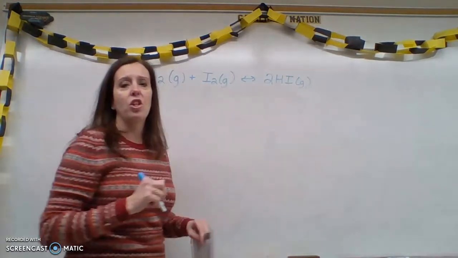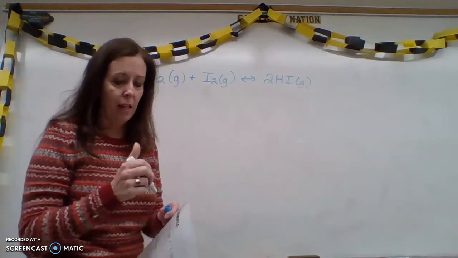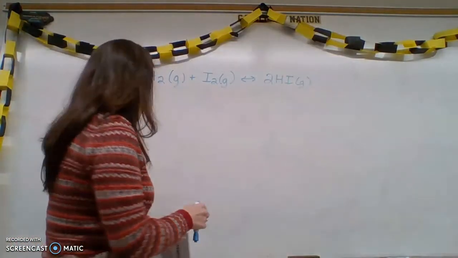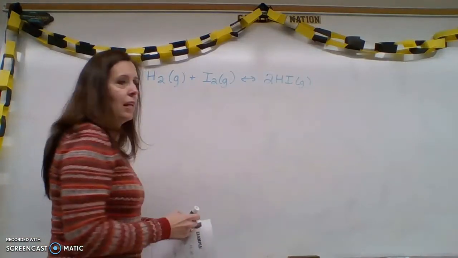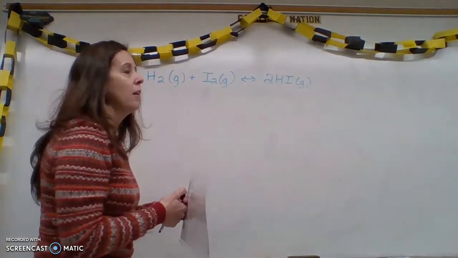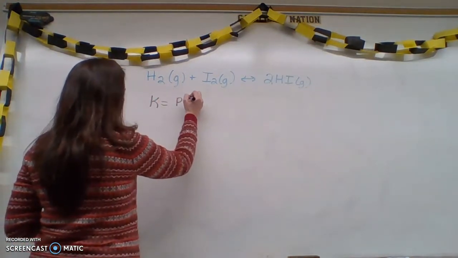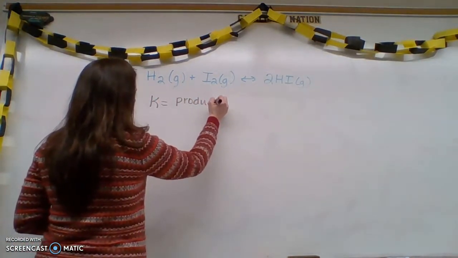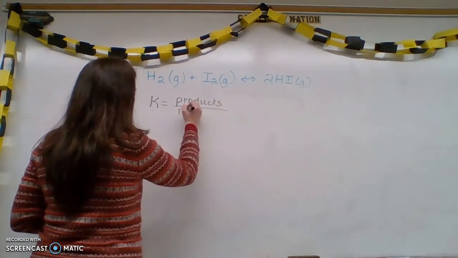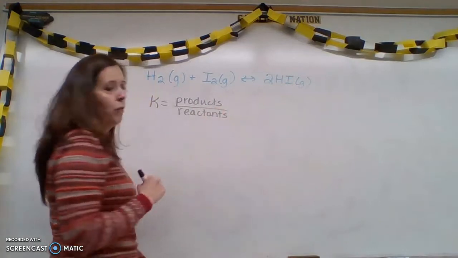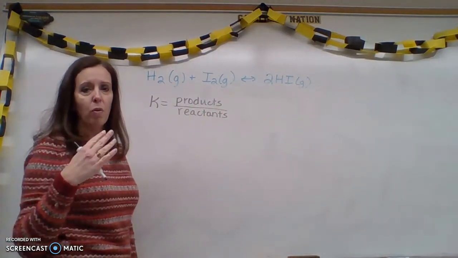If I ask you to write an equilibrium constant for me, the first thing I would write on the paper is K equals products over reactants, because that kind of gets me on the right track.